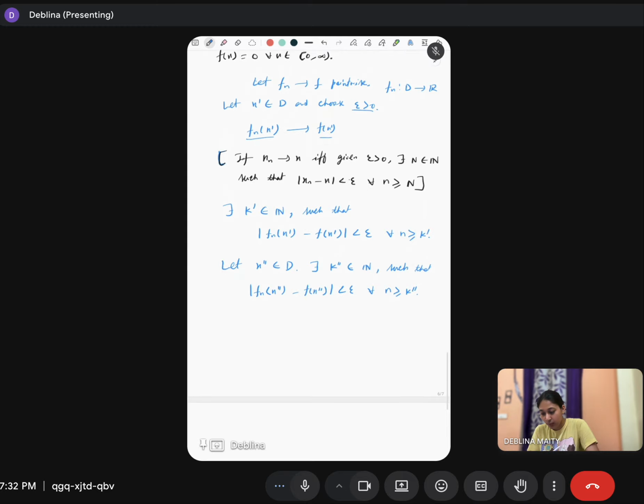But what we are seeing is that for each x', we are getting some K' such that this happens. For each x, we are getting some K depending upon that x such that this inequality holds.